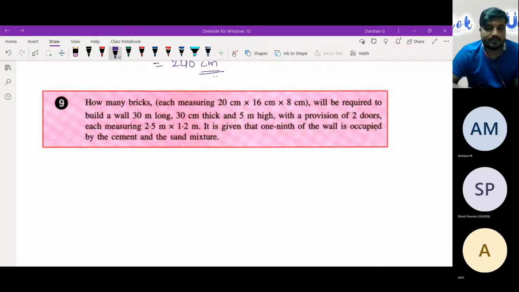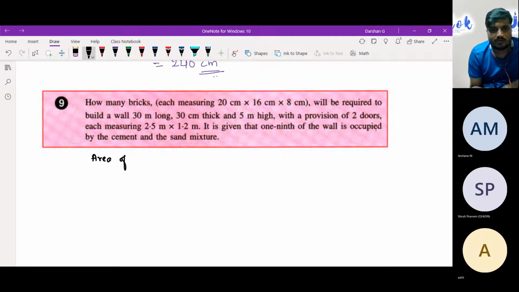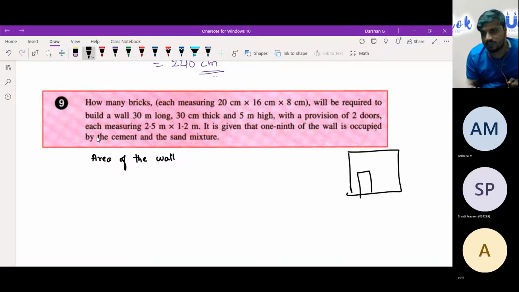Okay, let's start. Let's first find the area of the wall. We know that there is a wall and we need two doors in it.